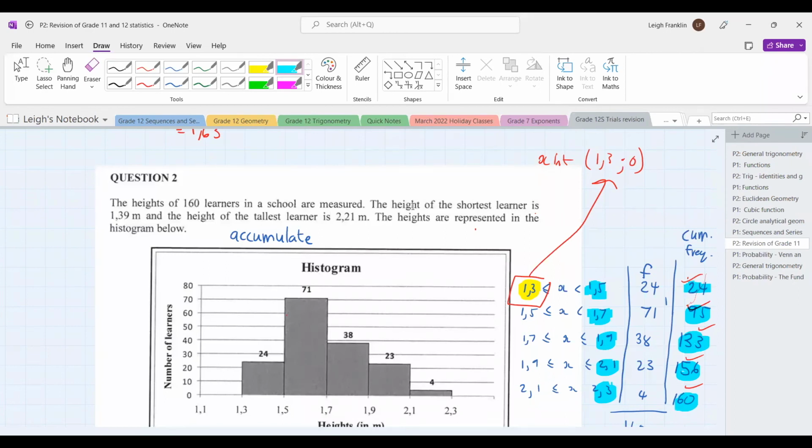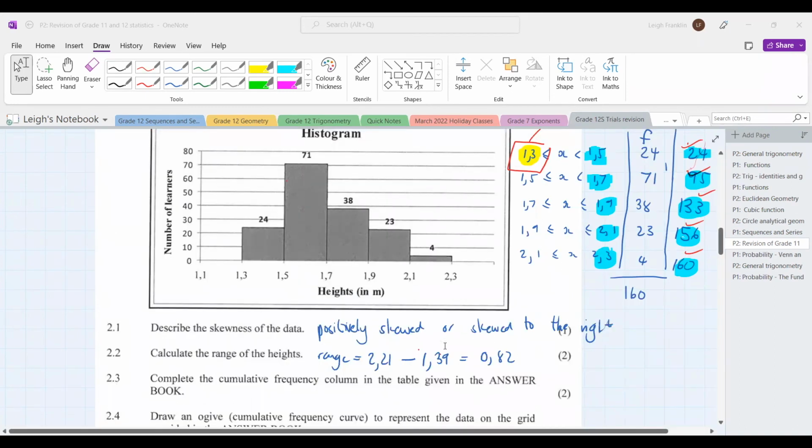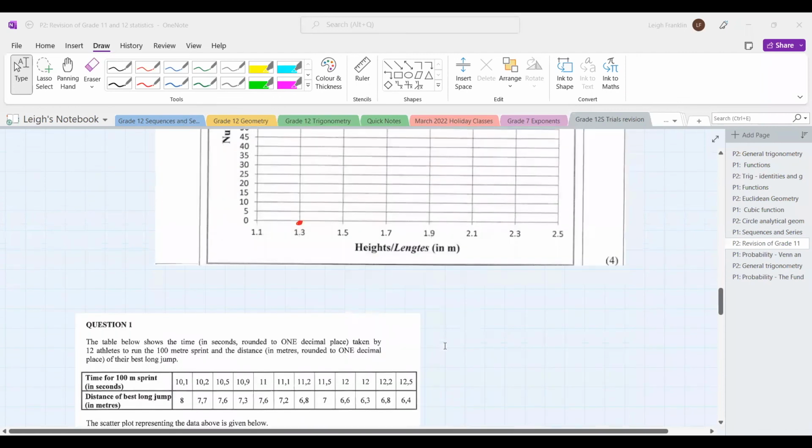And what this is going to do is create a curve that is S-shaped. Okay, so it's going to increase quite quickly, and then it's going to level off. Okay, all right, so 1.5 and 24.